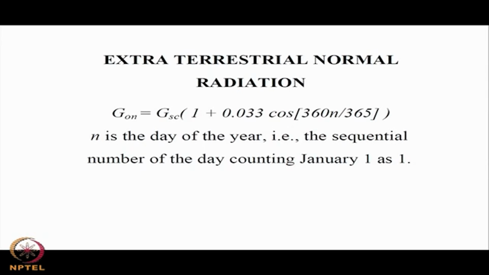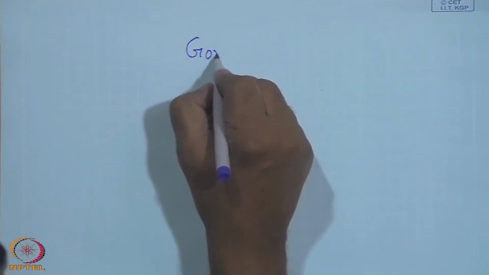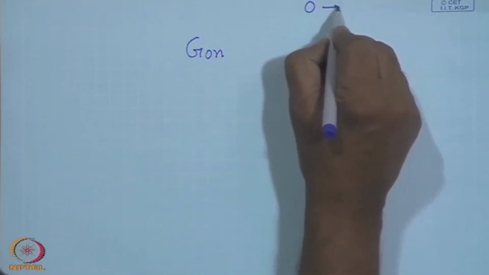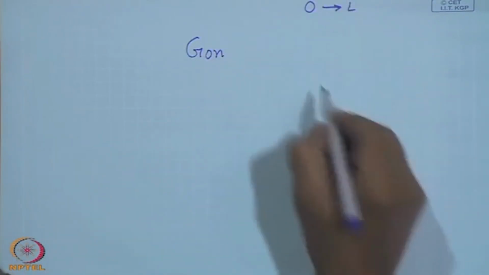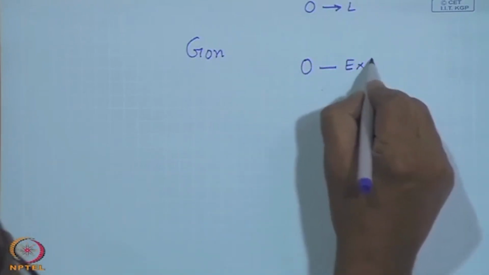Then slightly we refine and call it GON. Generally O stands for extraterrestrial.